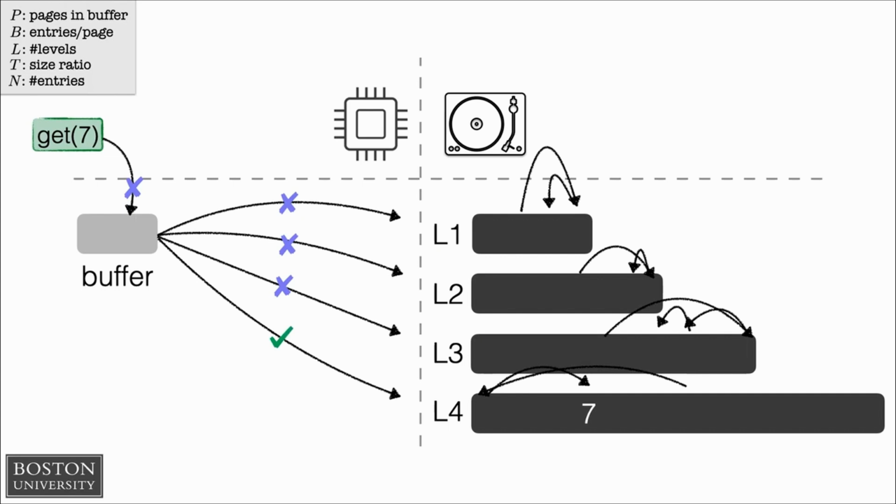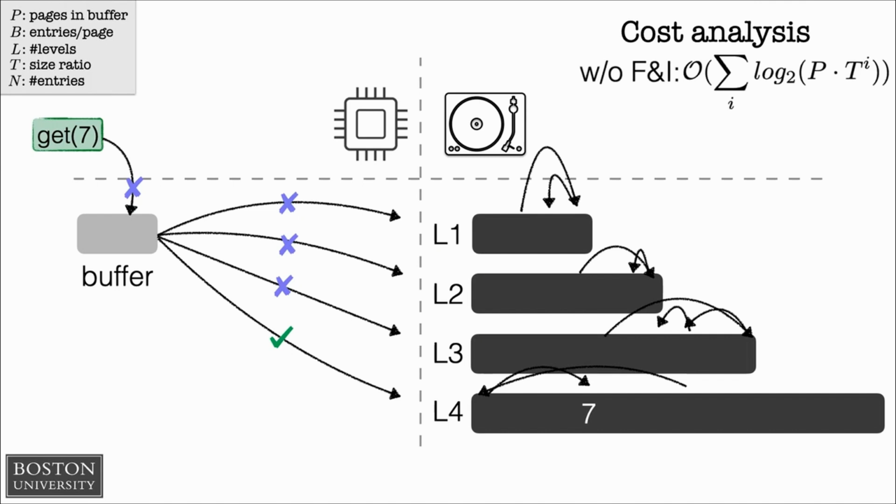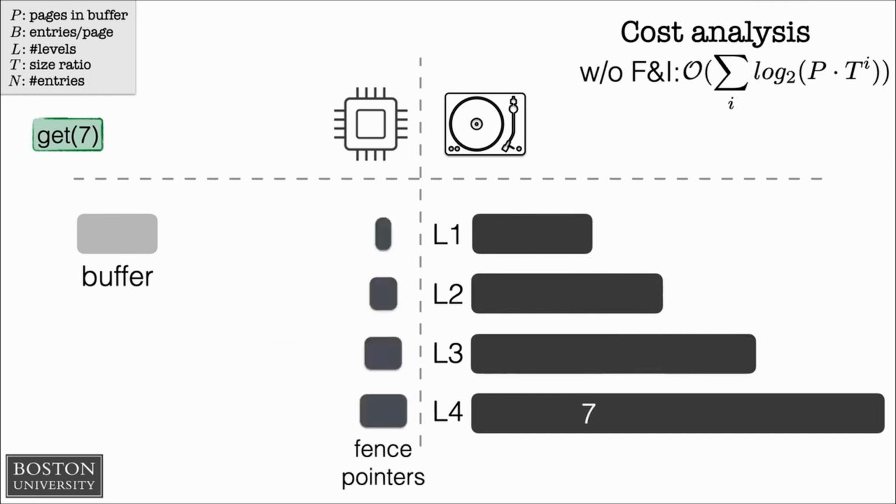So can we do better? Let's see. The first thing is that we can try to avoid this logarithmic search, and this is easily done through a simple thin layer of indexing, which is typically called fence pointers, and essentially it's a zone map. So every level here has a zone map, and it allows us to quickly do the binary search in memory by storing the smallest key per actual storage page that the level has.